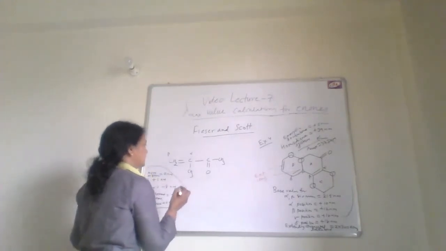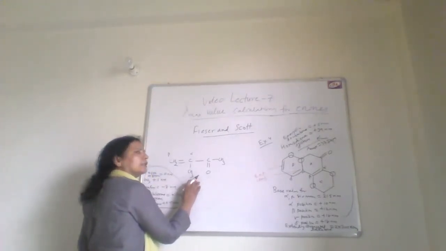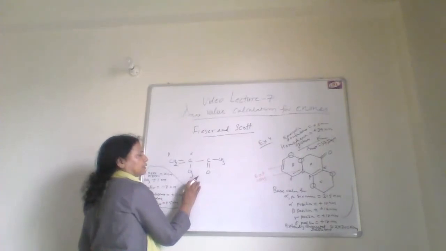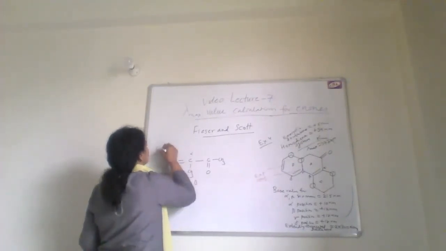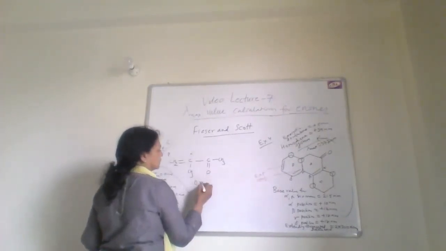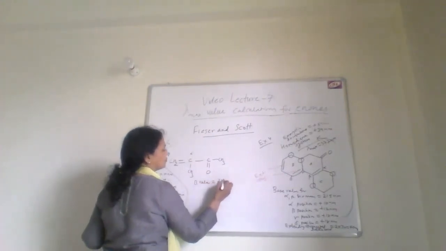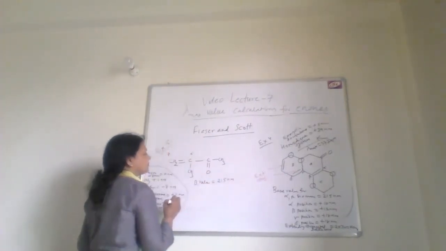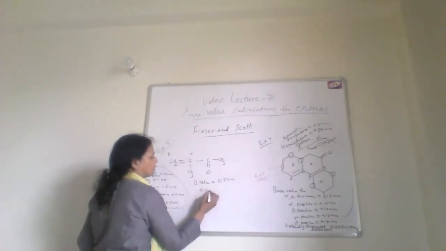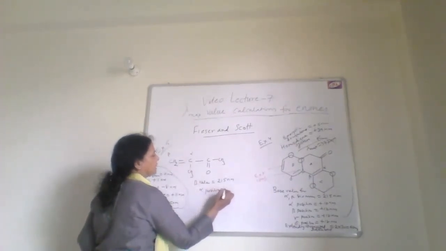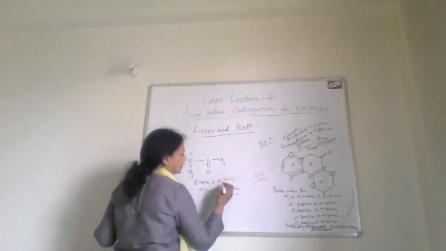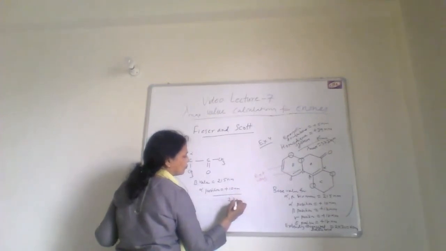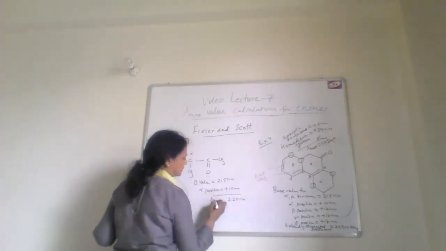Let's see this example. Its lambda max calculation is done in chloroform solvent. So first the base value is 215 nanometers, right? On the alpha position, one alkyl group is there, plus 10. Total value is 225 nanometers.